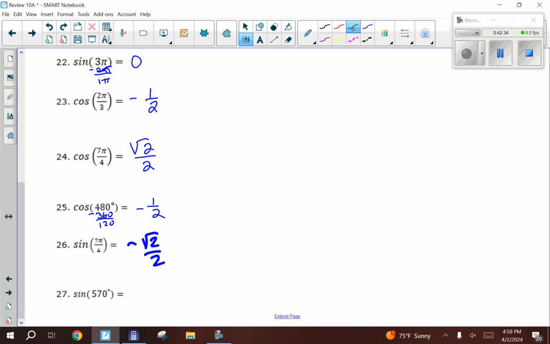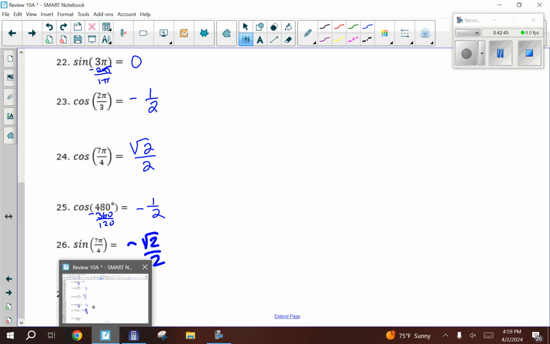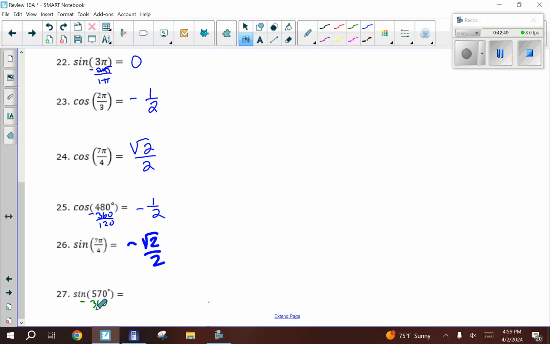Sine of 570, that one is too big. It can't be higher than 360. So I got to subtract 360. If there's ever a time where you don't see it on the chart, you just either subtract 360 or subtract 2 pi. So this problem right here is going to be, what, 120 degrees? No, that's a lie. It's going to be 570 minus 360.